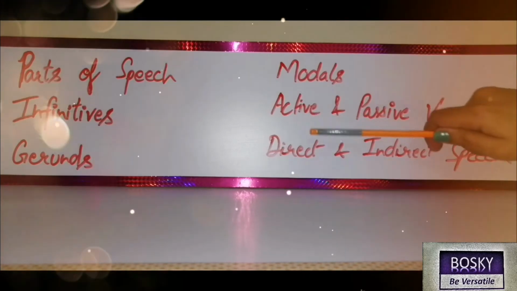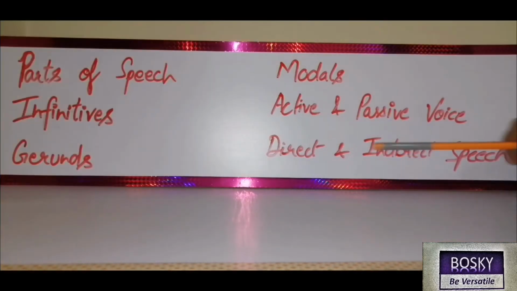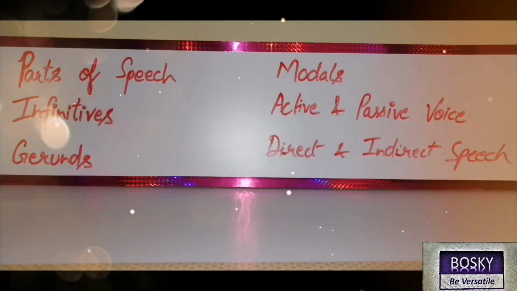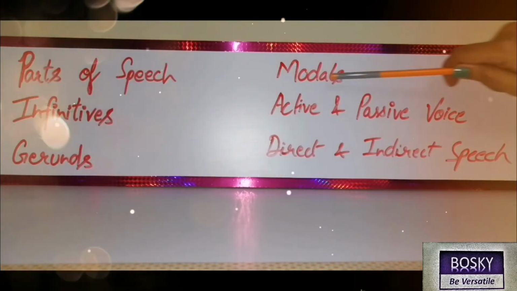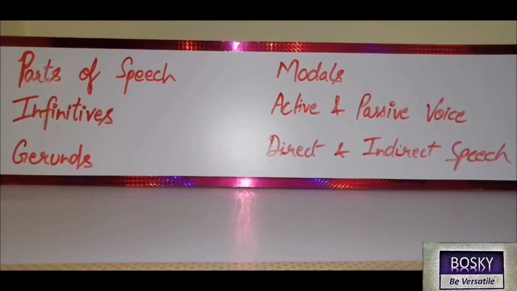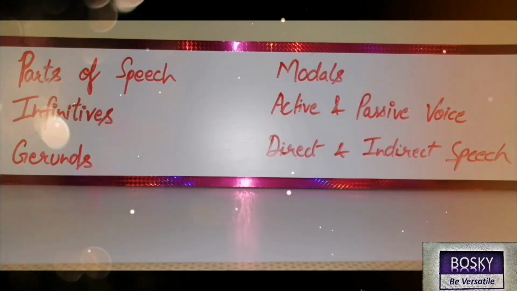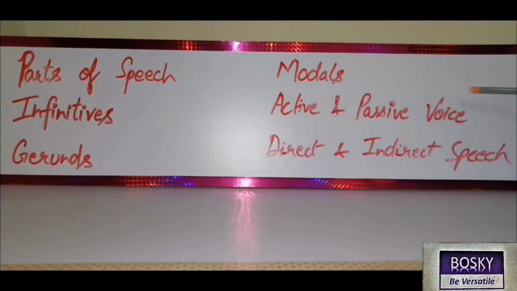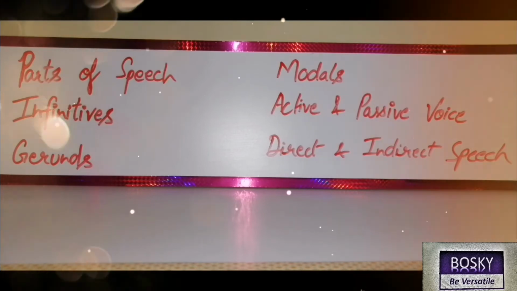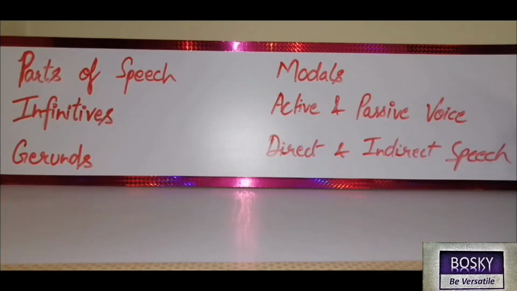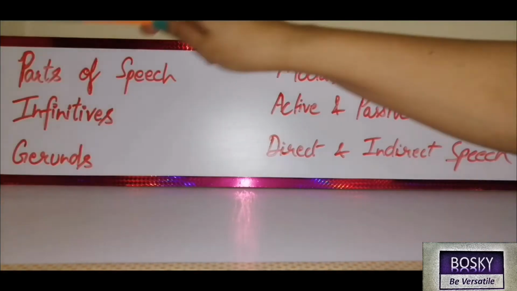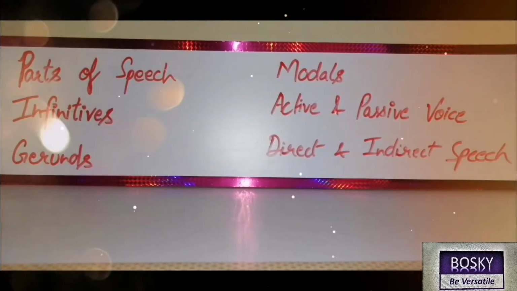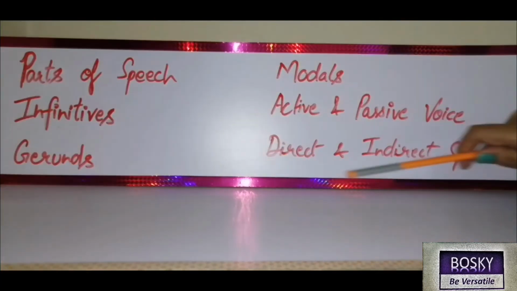These two things, if you can see, active and passive voice, direct and indirect speech, these two are quite crucial, and I have seen people who are good at English, they find it difficult to use active and passive voice, direct and indirect speech, and sometimes they get confused also what they have to use where. So these are the crucial things that we are going to cover up.